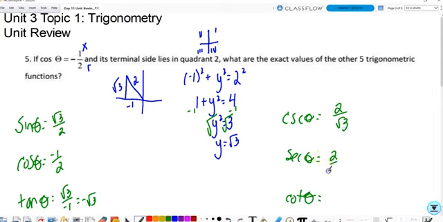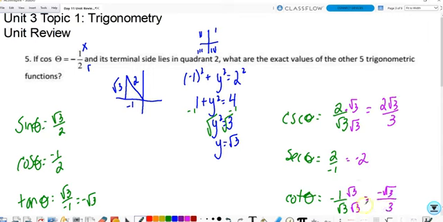Secant is 2 over -1. Cotangent, -1 over root 3. So simplifying, we get 2 root 3 over 3, -2, and negative square root of 3 over 3.